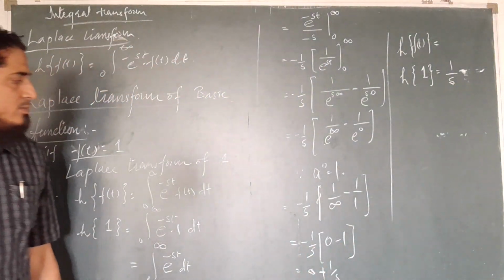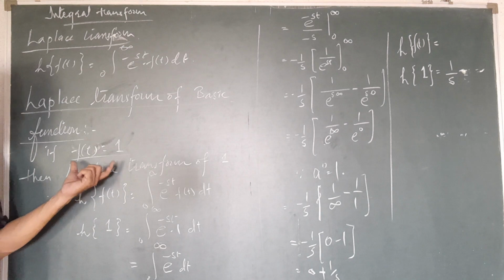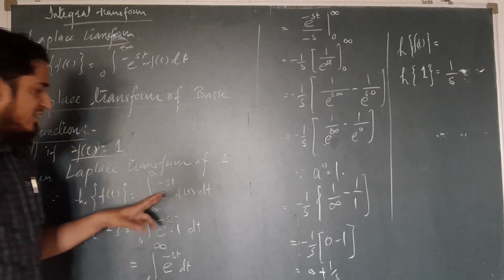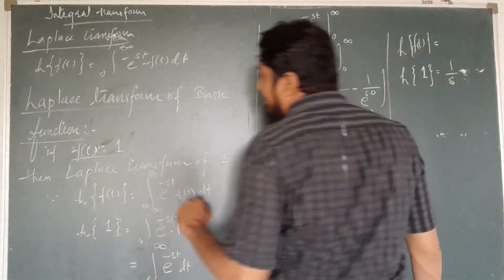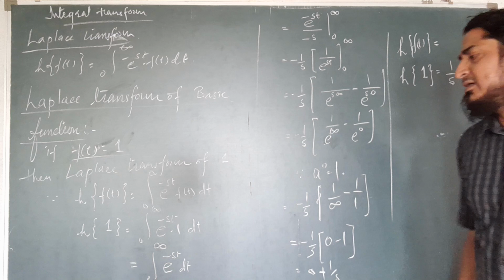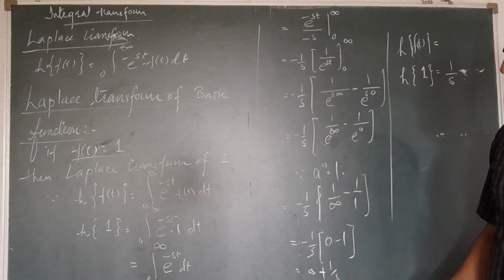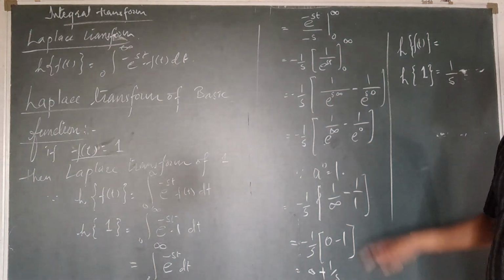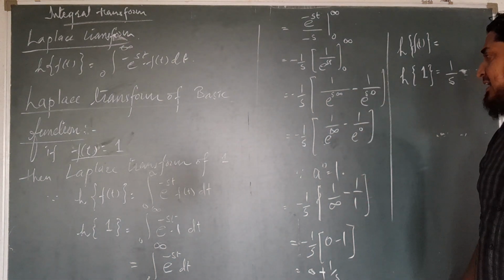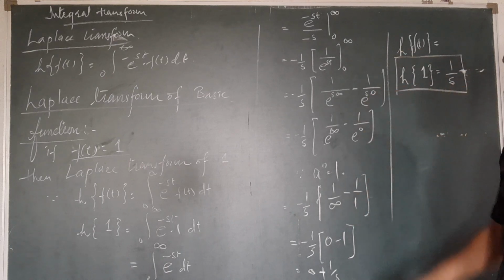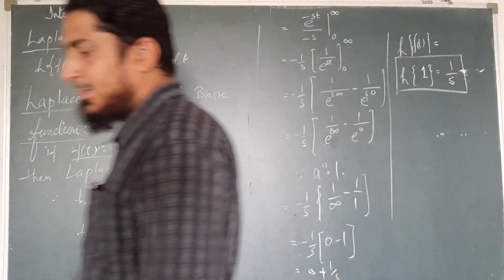So what we have done here is put f of t equal to 1 in the definition of the Laplace transform, integrated that function after multiplication with e raised to minus st, and simplified that expression, and we get the Laplace transform of 1 is equal to 1 upon s.